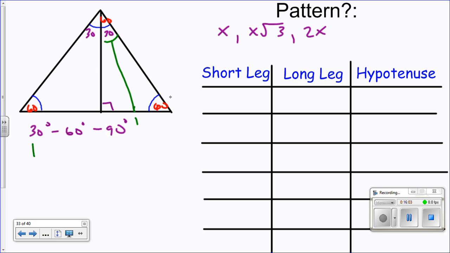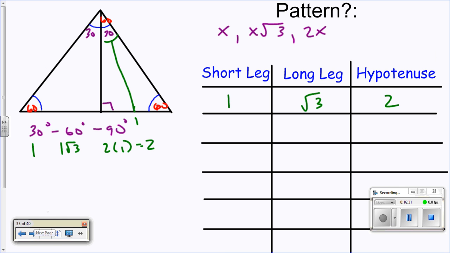Right away, I would figure out what the hypotenuse is because that would be 1 times 2, or 2 times 1, which is 2. And then the one across from the 60-degree angle will always be leg times root 3. So 1 root 3, or just root 3 for this situation.